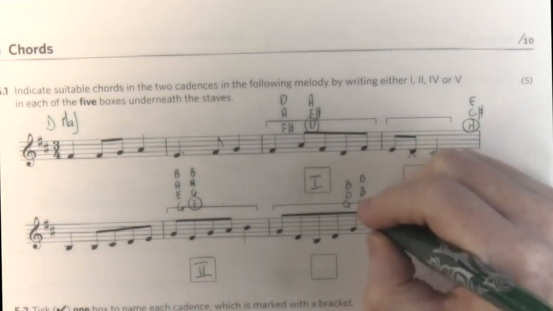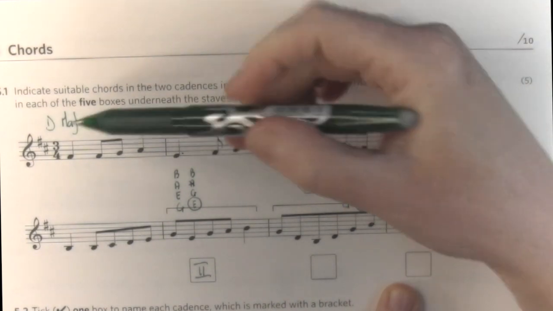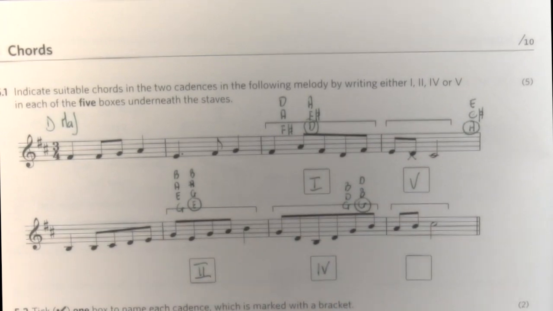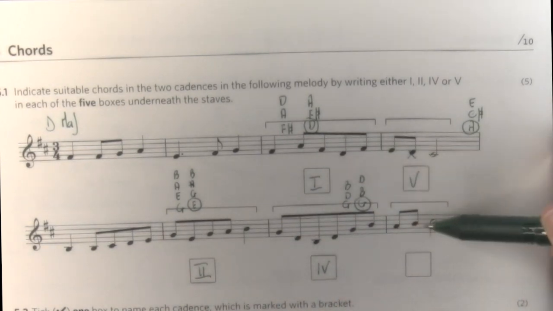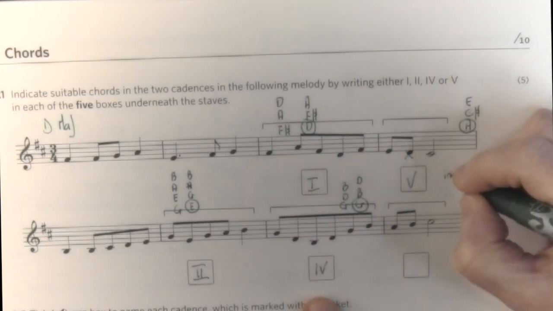Sol is the bottom note, and for D major is the 4th degree. So this is chord 4. To be honest with you, I either expect 1 here or 5, because this is an imperfect cadence, by the way.